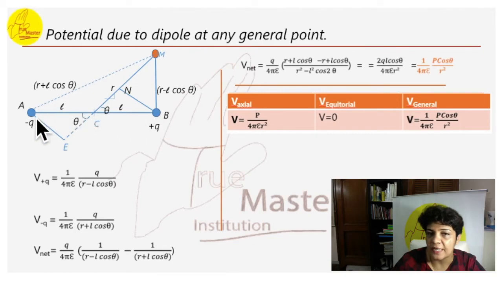From here to the center is L, and from the center to here is L. The total distance from C to M is say R, and this is with an angle theta. What we have previously always done is calculate the distance between the dipole charge, say minus q, to the test charge.